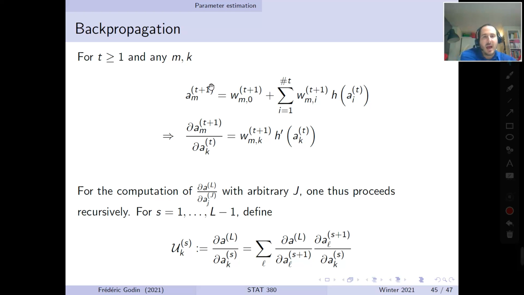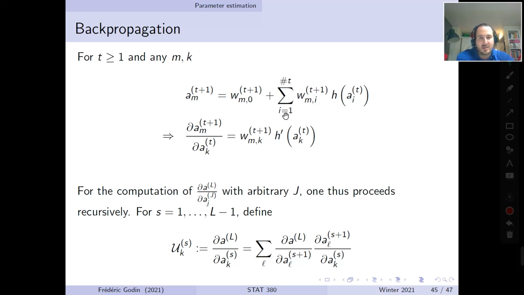Recall we have the following definition of activations in two successive layers. For any layer greater or equal to 1, the mth activation of layer t plus 1 was defined as Wm0 of t plus 1, which is the bias parameter, plus all the weights.